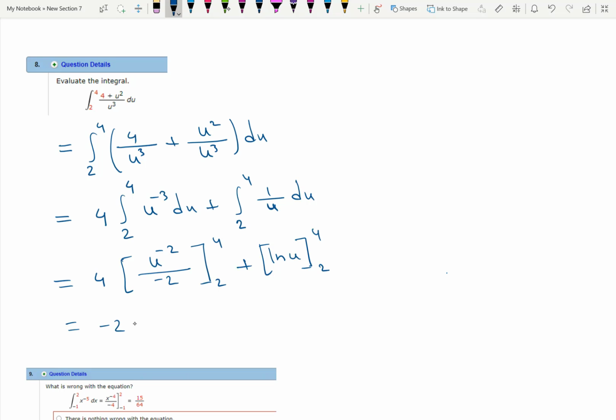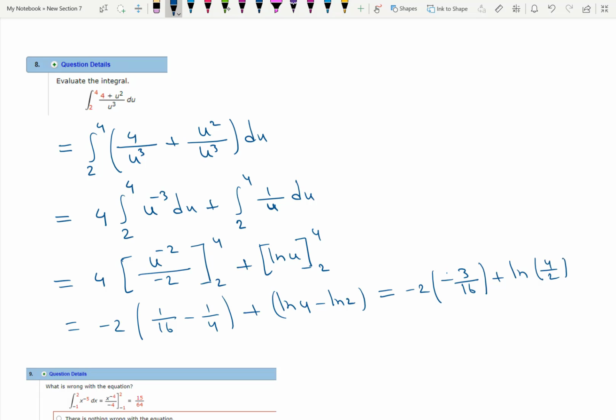Now negative 2 and 1 over 16 minus 1 over 4 plus ln of 4 minus ln of 2, and it becomes negative 2 times negative 3 over 16 plus ln of 4 over 2, because we know ln of a over b is ln of a minus ln of b.